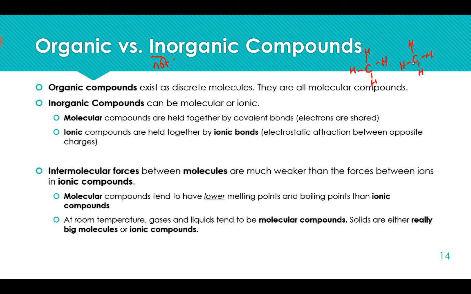Same number of atoms in each molecule of that compound. Inorganic compounds can be molecular, like water is an inorganic molecular compound. But inorganic compounds can also exist as ionic compounds.